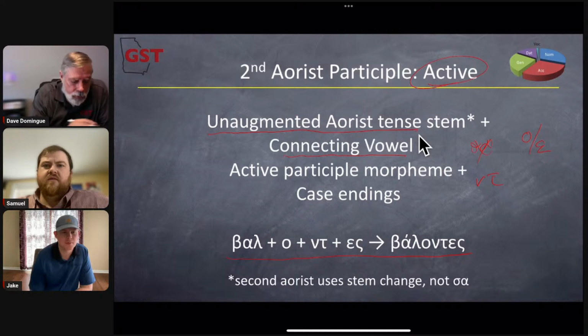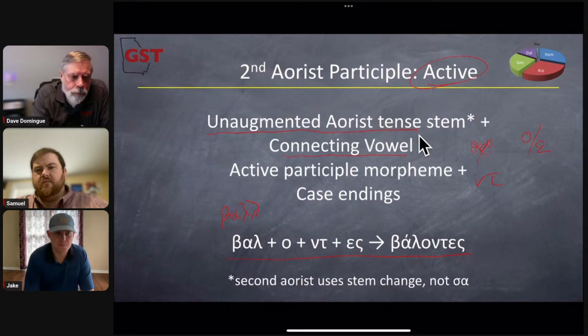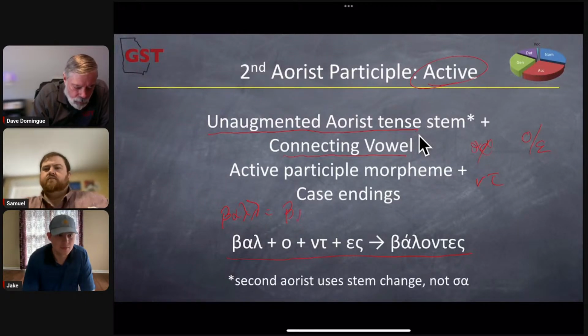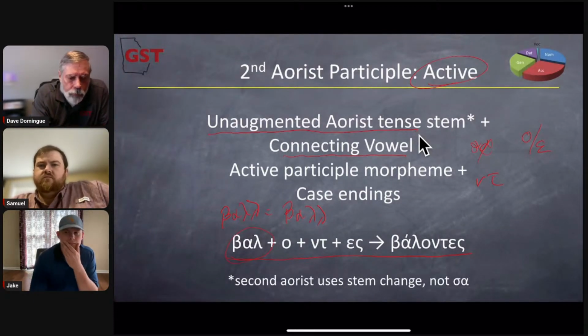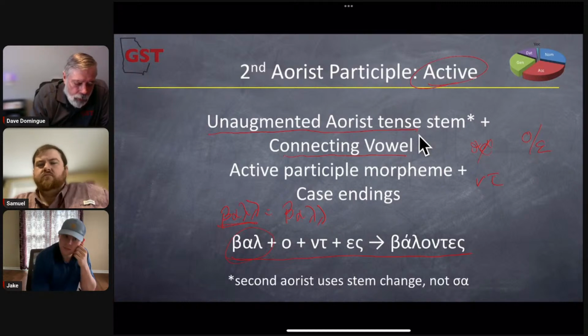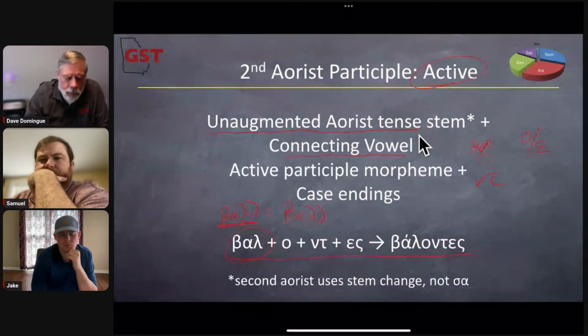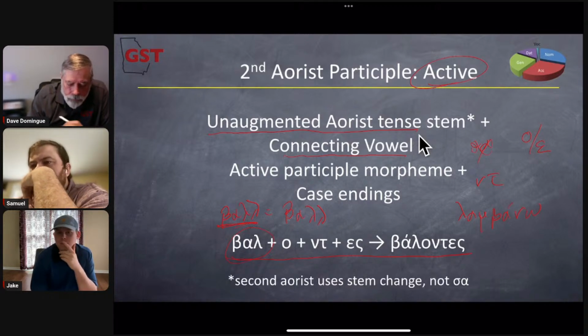Yeah, the aorist tense stem is going to be here. If we go back to our present tense stem, it has the double lambda. The imperfect tense stem, which is not used for participle, but regardless, is also the double lambda, right? The single lambda is actually the root stem. And what happens is, you remember, the present tense will modify that, and you have the double lambda, in words like lambano. I think that's right.